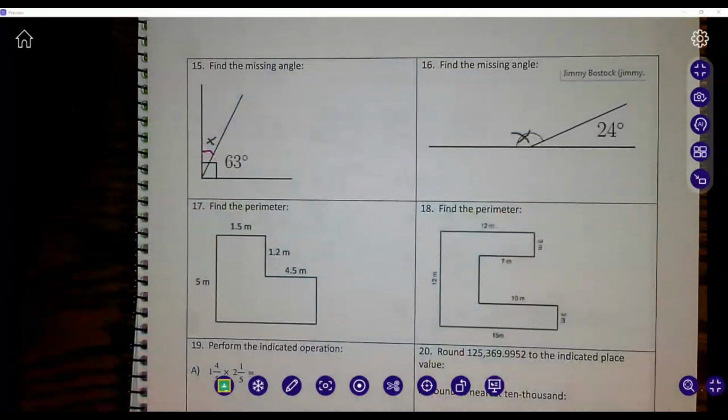Look at what you know, because you actually know 2 things in that image. There are 2 things we know, 1 thing we don't know. So we should be able to use that to help us find the missing angle.